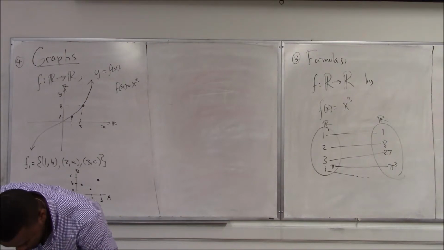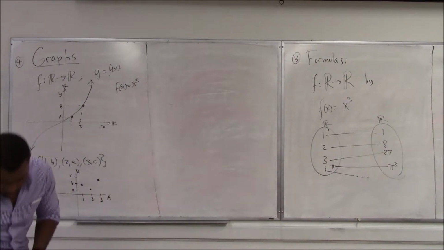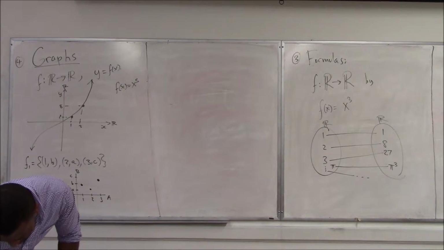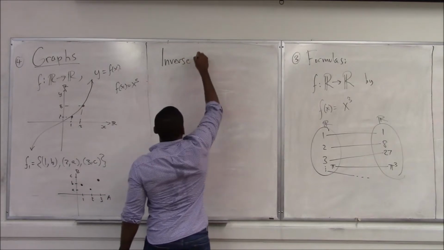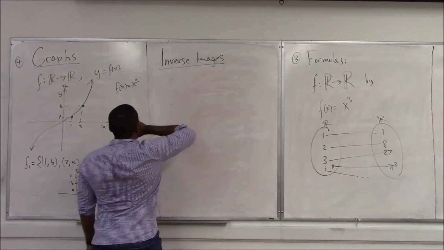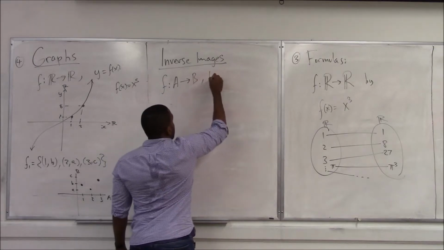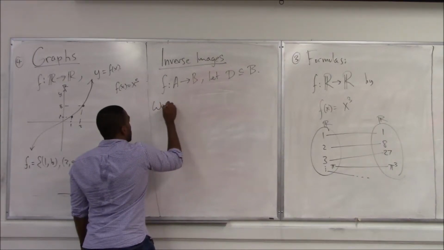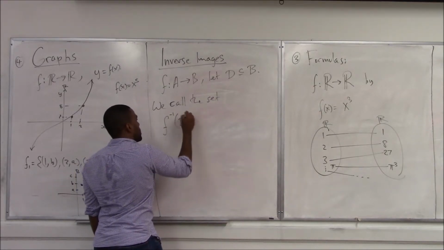Let's define the inverse image. Then we'll prove a couple of things. Suppose f goes from A to B, and let D be a subset of B. We call this set f inverse of D, and that's the notation.